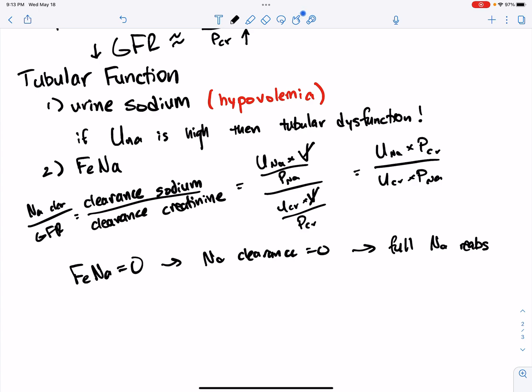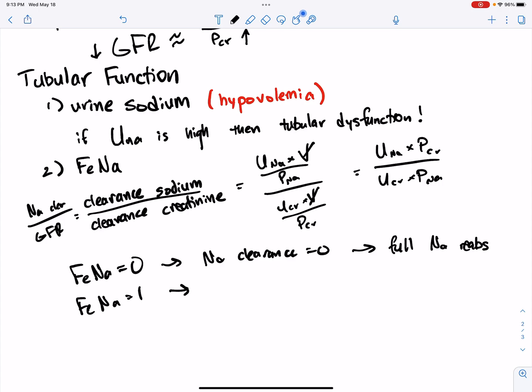If FeNa is equal to 1, what does that mean? That means that our sodium clearance is equal to the clearance of creatinine. So whatever is coming in through the filtrate is simply getting dumped out. That would indicate no reabsorption.